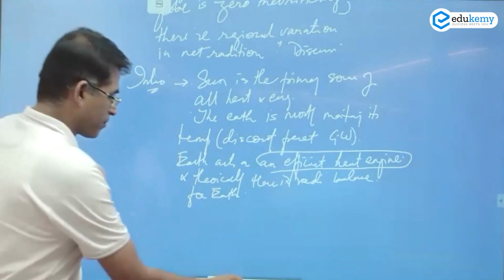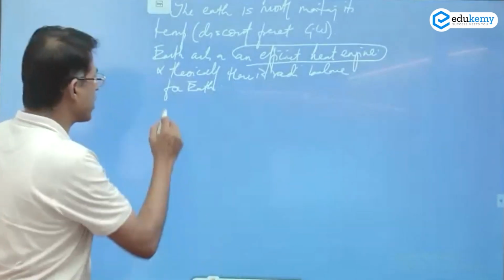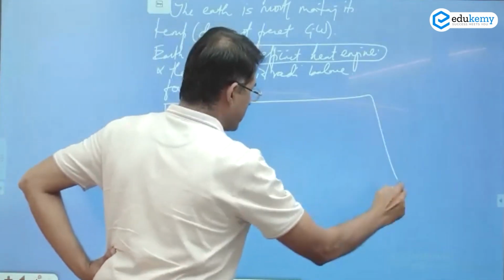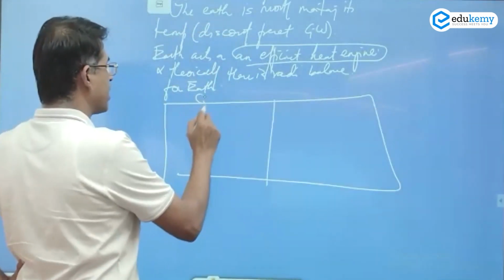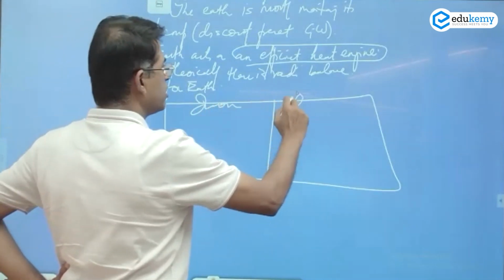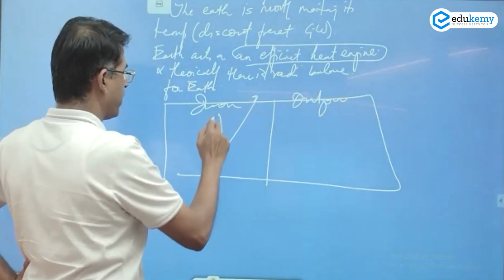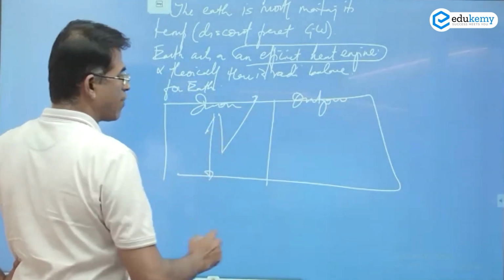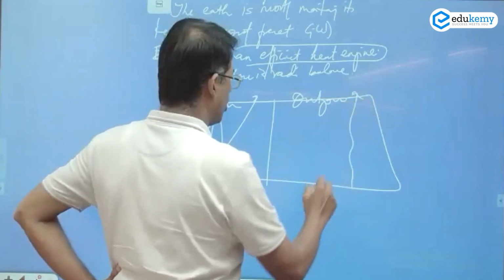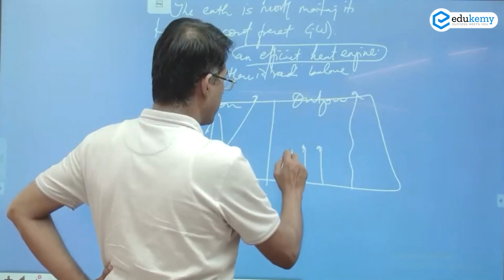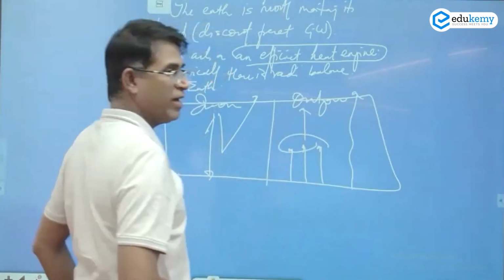Now you can quickly draw the heat budget. Incoming radiation, outgoing radiation, show the picture: how much is absorbed where, how energy is lost to the atmosphere, and again from the atmosphere.